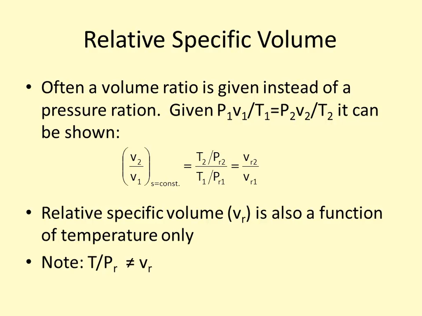And sometimes instead of a pressure ratio, we're given a volume ratio, and this V sub R is also tabulated there. So this V is just equal to T over P. So it's just another equation that allows us to analyze our system given certain knowns and unknowns to find the final state.